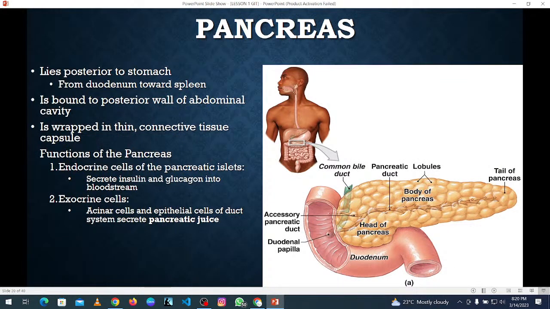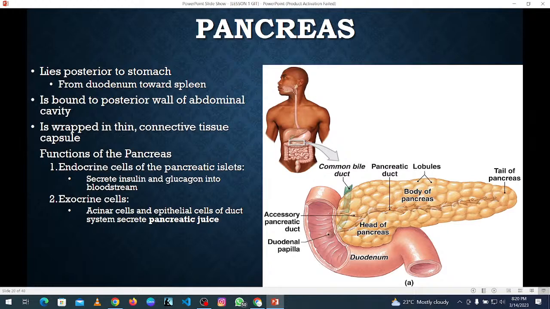And the pancreas basically lies in the posterior end of the stomach. Posterior is a biological word that means behind.